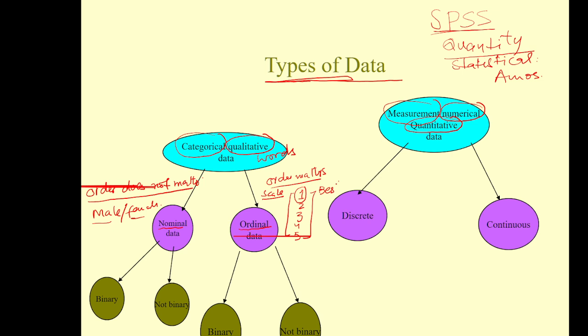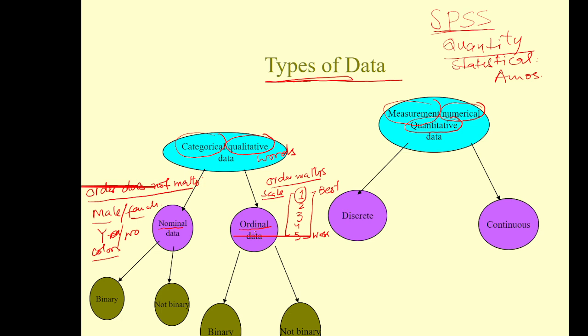So number 1 is the best and number 5 is the worst. So the order of their response matters. So that is ordinal data and nominal data. In nominal data, maybe if someone says yes or no, right? Or if there are colors they have to choose between, that kind of data.